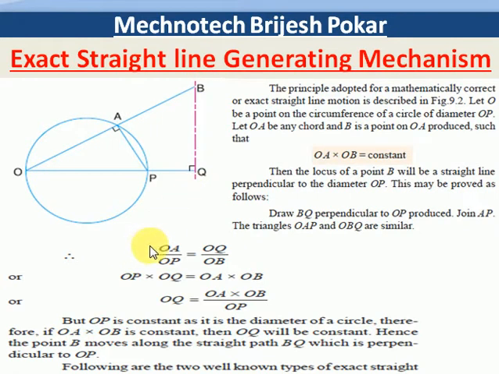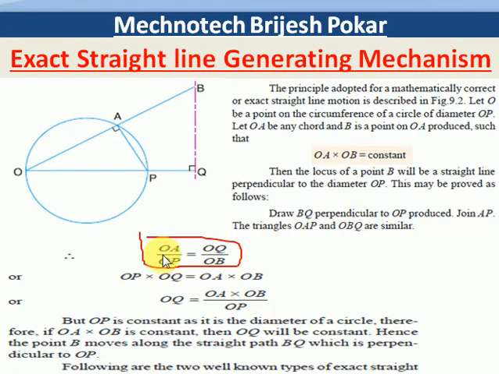So here OA upon OP is equal to OQ upon OB, because OA is the same as OQ and OP is the same as OB. So we can write these things by these two triangles.